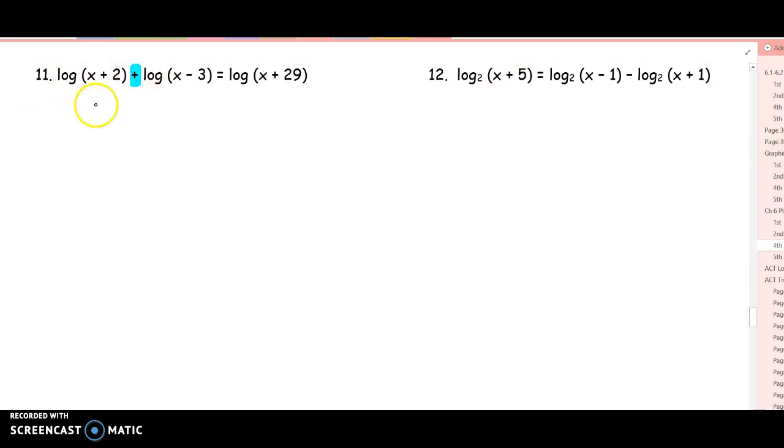It means multiplication. So we are going to condense this into log of x plus 2 times x minus 3 equals log of x plus 29. So that step, what we did was we condensed the log.